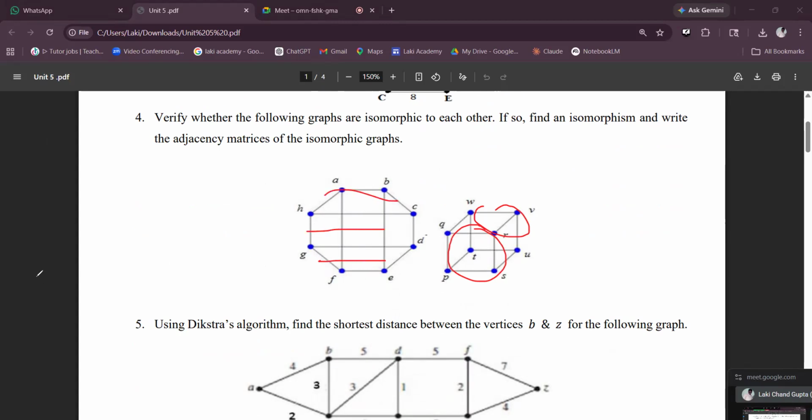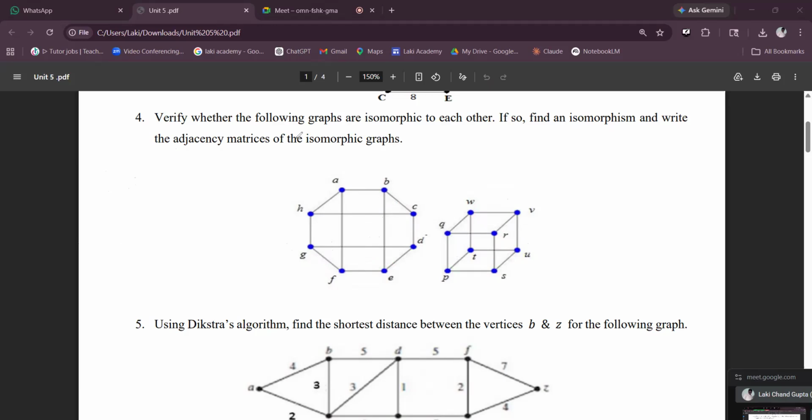How many edges? 1, 2, 3, 4, 5, 6, 7, 8, 9, 10, 11, 12, right? And here 4, 4, 4, 8, 8 and 4, 12, right?